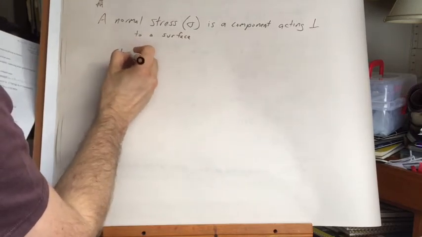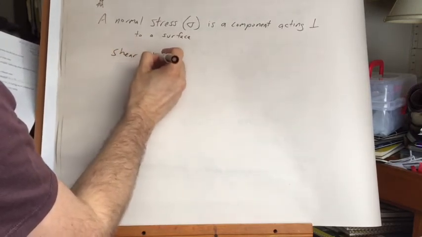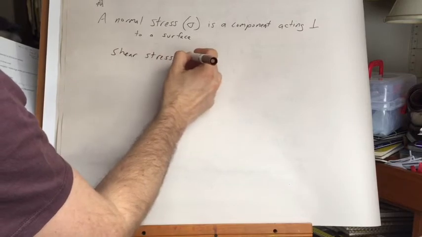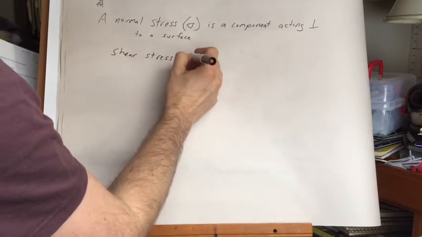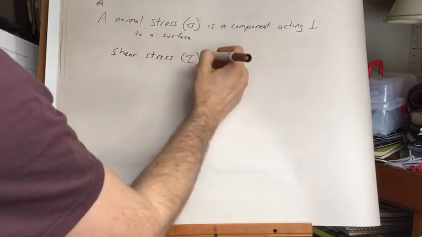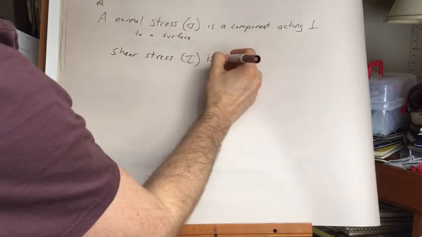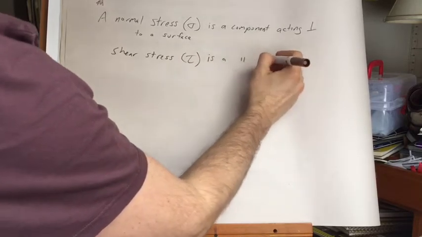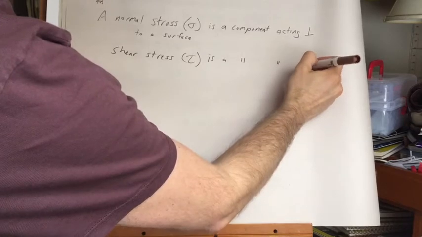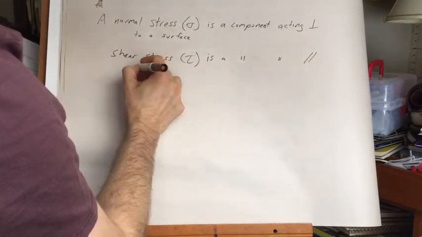And a shear stress, tau, is a component acting parallel to a surface.